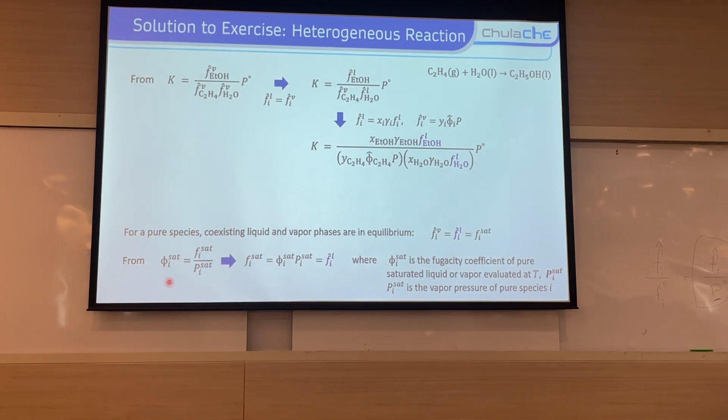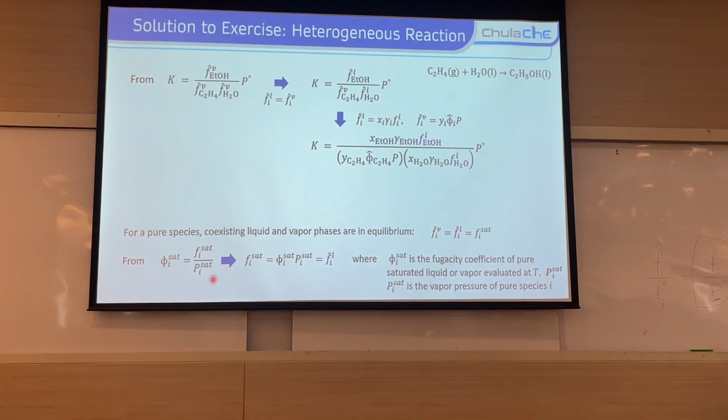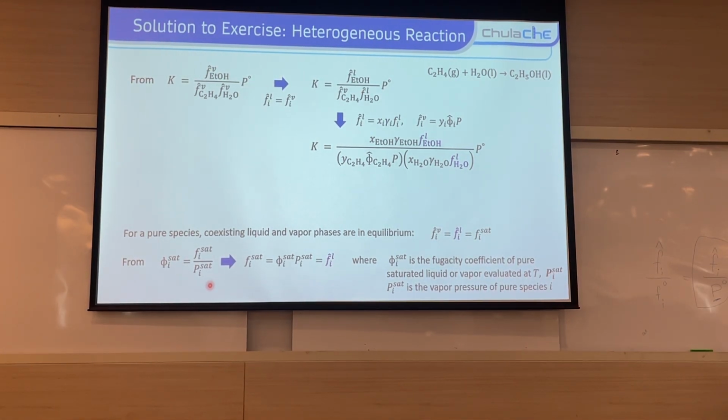So from the definition of the viscosity coefficient, and you consider the saturated condition, the viscosity coefficient is equal to the viscosity of pure species divided by the pressure at the saturated condition. Actually, the P sat here is equal to the vapor pressure. So you rearrange this equation to get the viscosity of pure species at saturated condition.